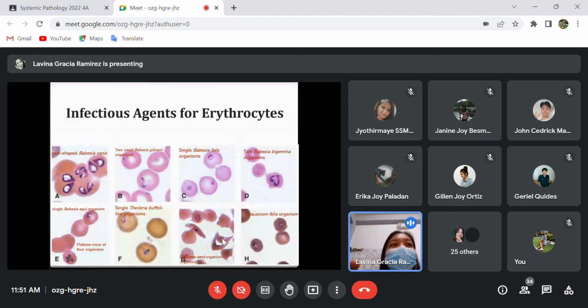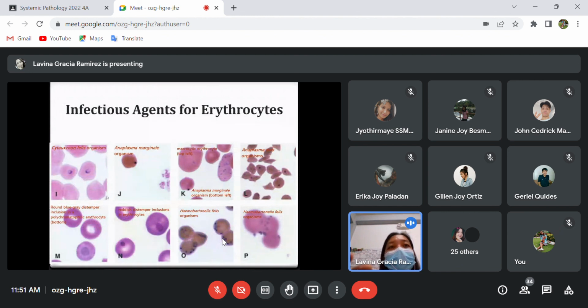So I think you are familiar with this one from your parasitology, particularly protozoology. So you have this one. These are the different parasites that destroy the RBC during their life stages. Others may affect, that will leave an abnormal blood cell in size or in shape.